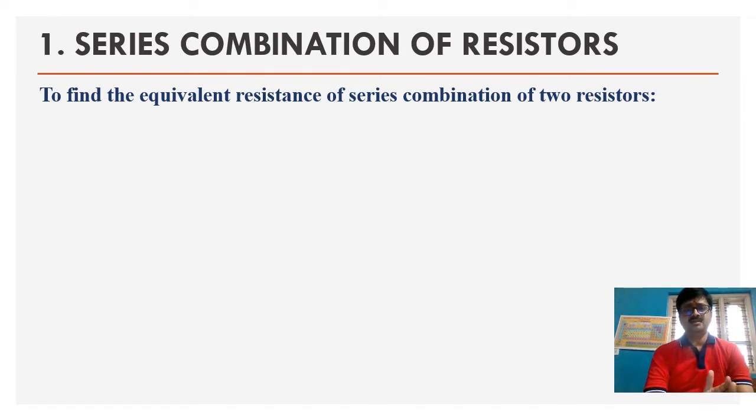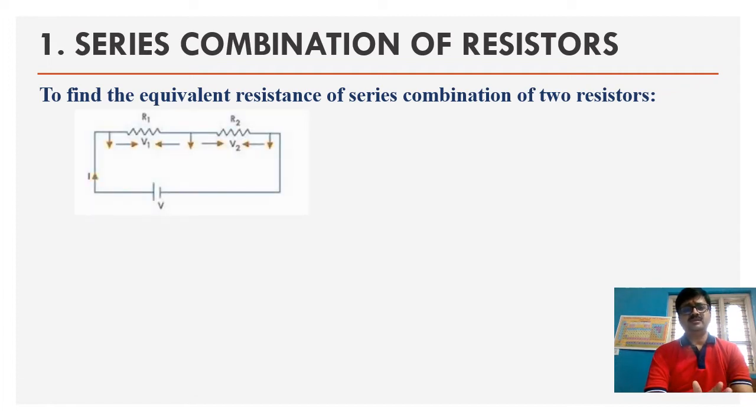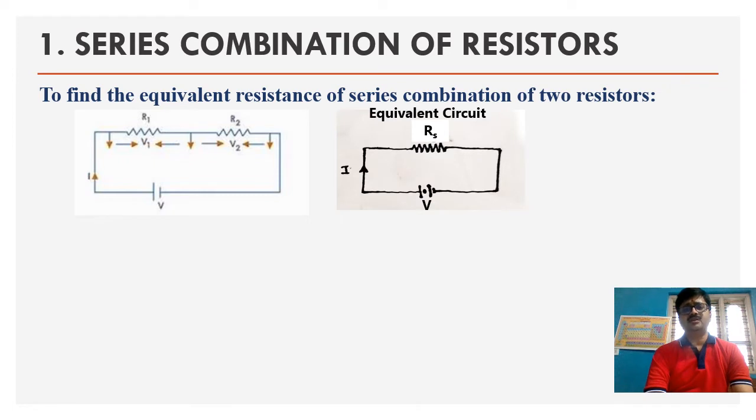First step, this is the circuit that you have to draw. Kindly make a note of this circuit by pausing this video, and then an equivalent circuit has to be drawn along with this, and I'll explain what exactly these things are. Firstly, the first circuit contains two resistances R1 and R2.